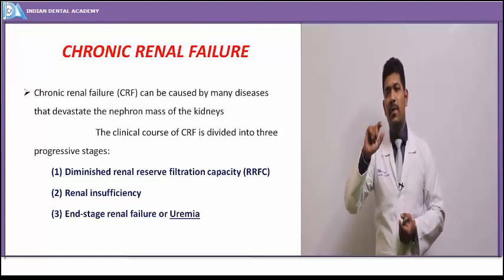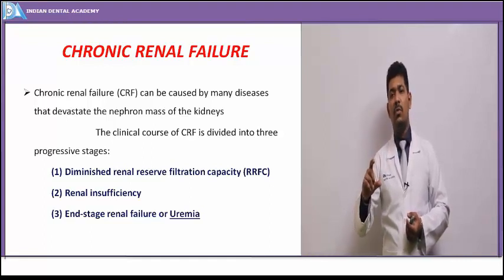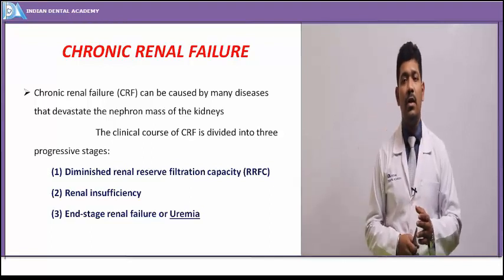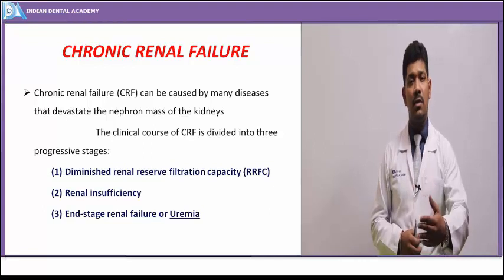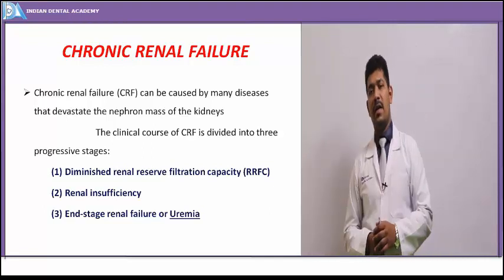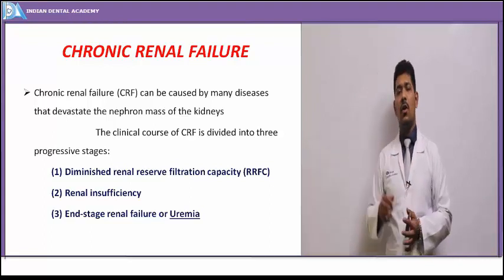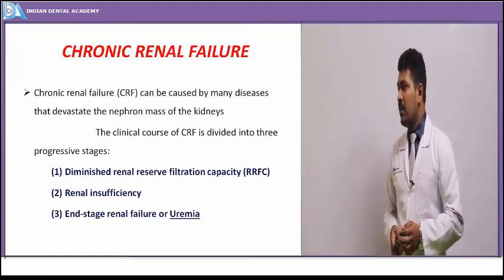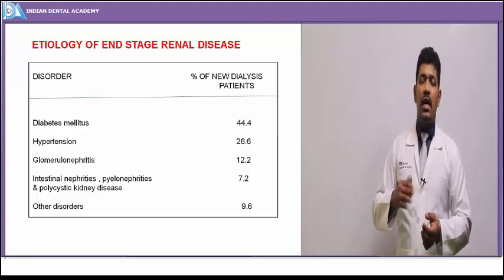Now, this difference between this stressful output and normal output is called the renal reserve, which is of huge importance to the general working of a human being. Now, this reserve capacity is decreased in chronic renal failure, ultimately resulting in its sequelae.